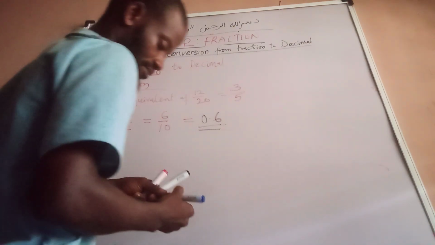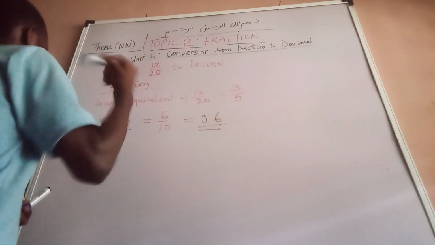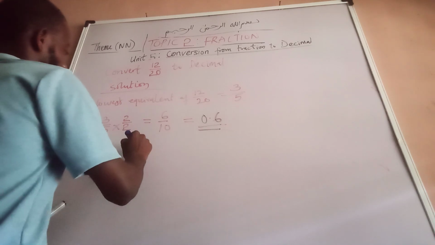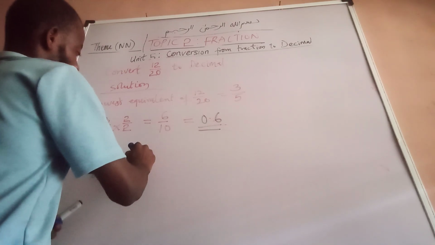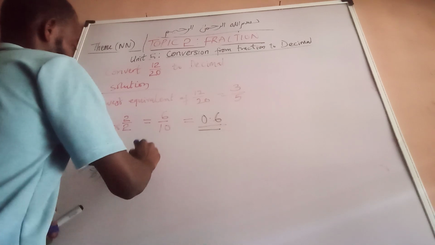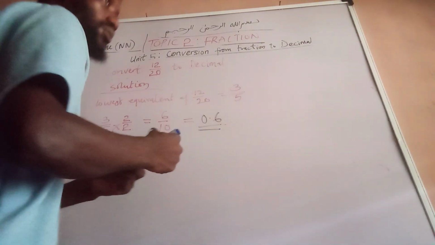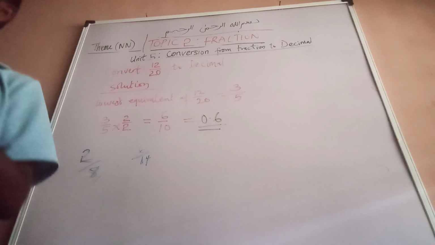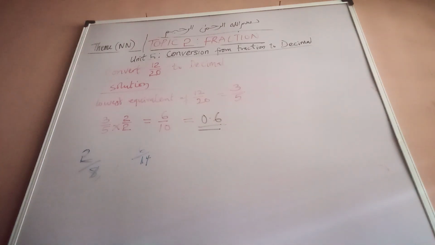Then convert 6/14, so these two, 6/14, also convert it to decimal. Let's see what you have. And that is all for now.